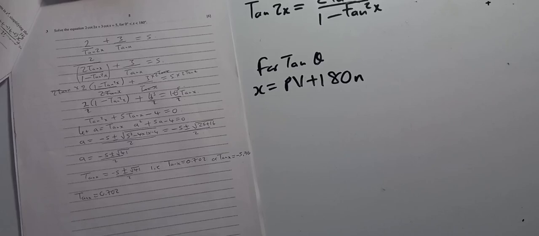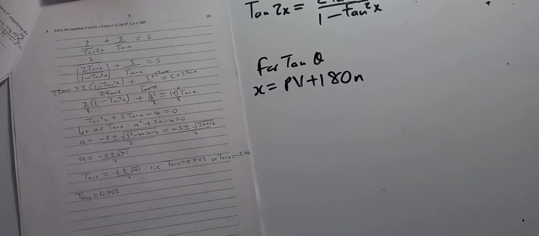So second function tan. Let me check, my calculator is giving me false readings. Right, so we have 0.702. If we say second function tan of 0.702, we have 35.1 degrees.